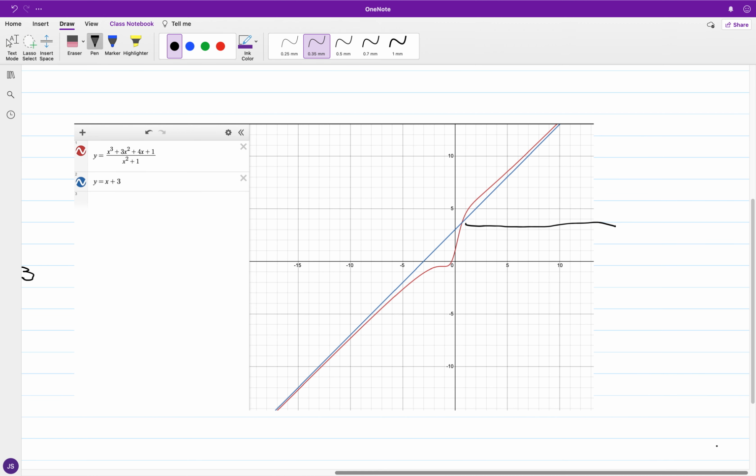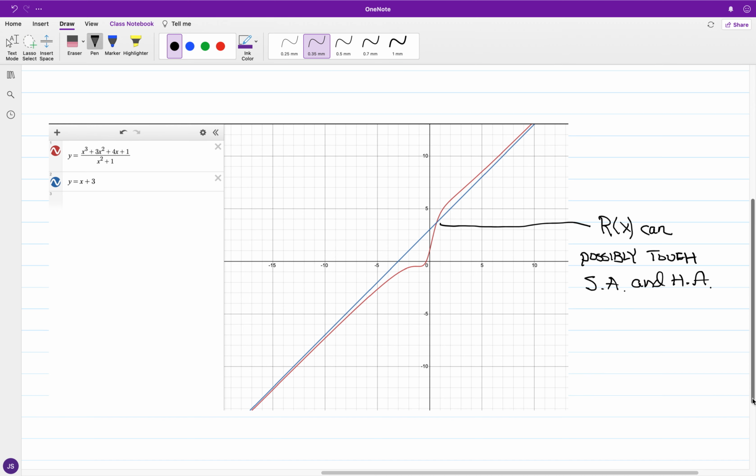And let me mention, now, r of x, just given the right conditions, can possibly touch or even intersect slant asymptotes and horizontal asymptotes if you have just the right function.